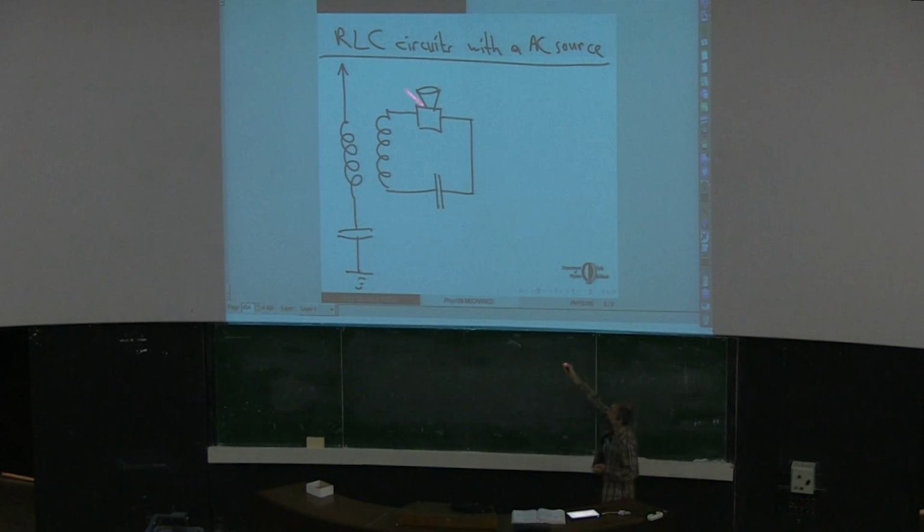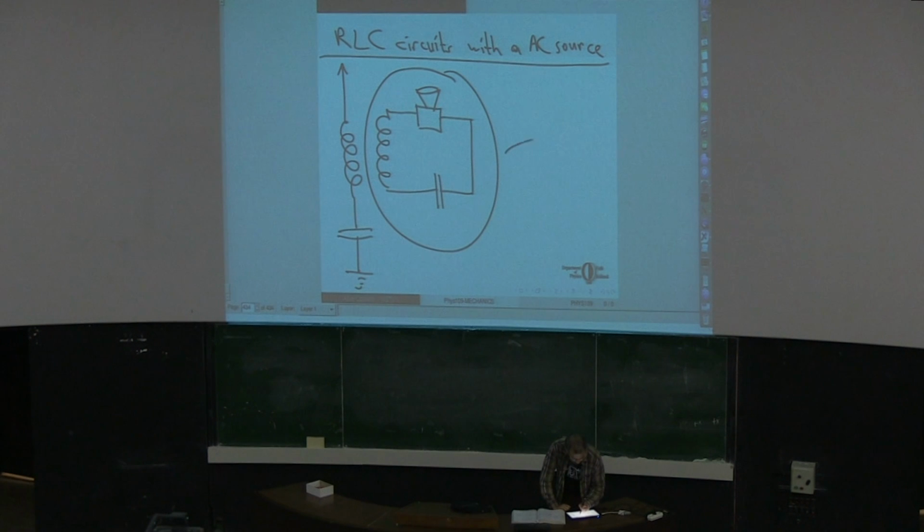Now, for this circuit, we can just take it and model it. This is just a model of this part of the circuit, as we have an inductor, we have a capacitor, here we have a resistor. Let me also put some AC source over here.